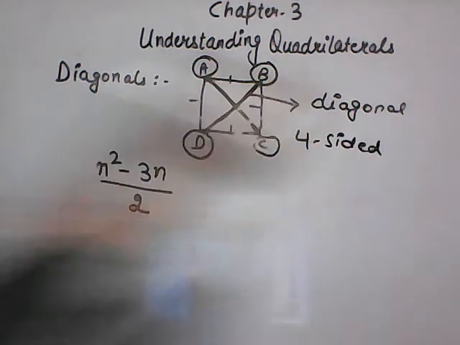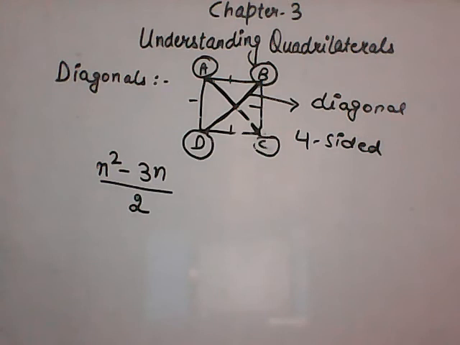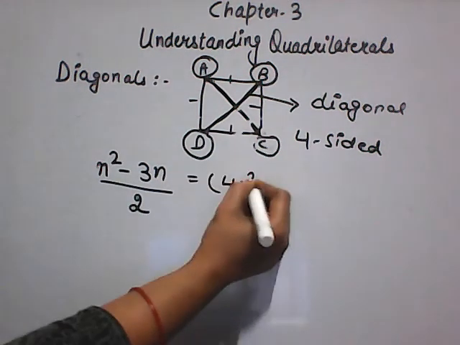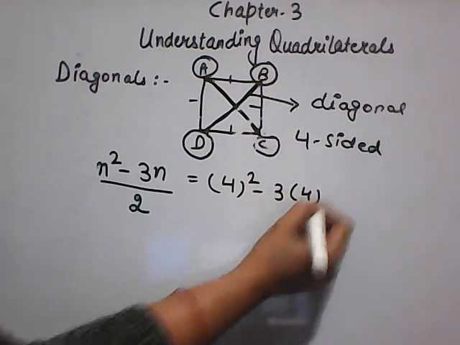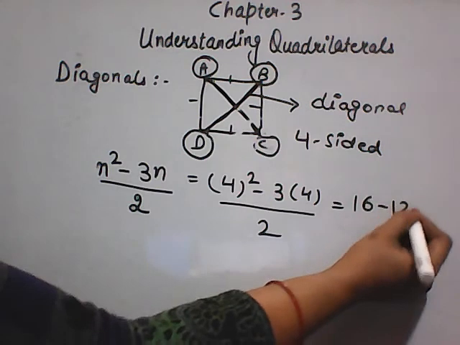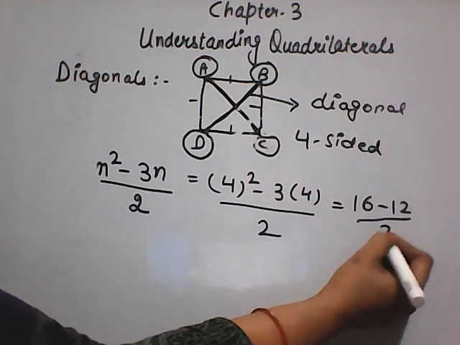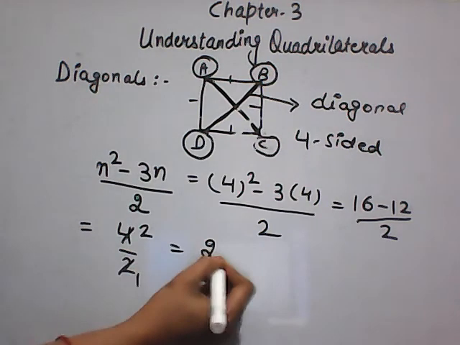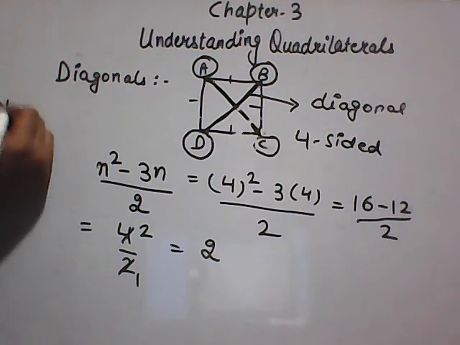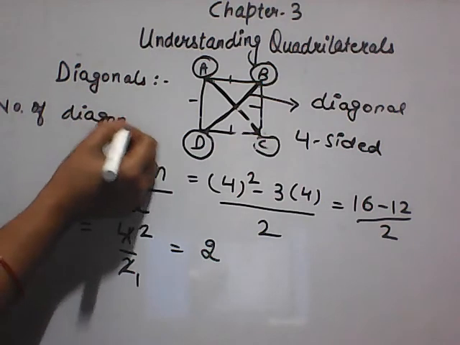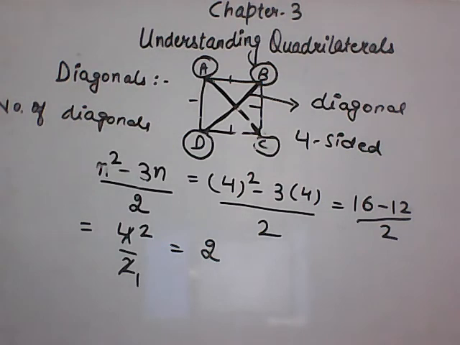Here n is equal to 4, so we put 4 squared minus 3 into 4, whole divided by 2. Now 4 squared is 16, minus 3 fours are 12, divided by 2. 16 minus 12 is 4. 4 divided by 2, 2 twos are 4. Here 2. So the number of diagonals in a 4-sided polygon will be 2. In this way we can find the number of diagonals in a polygon.